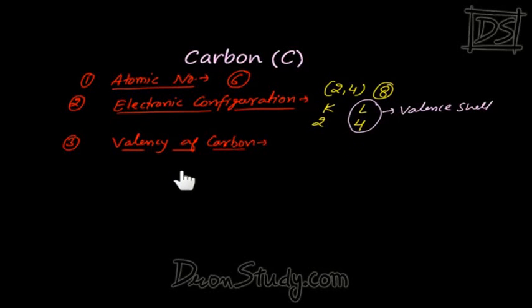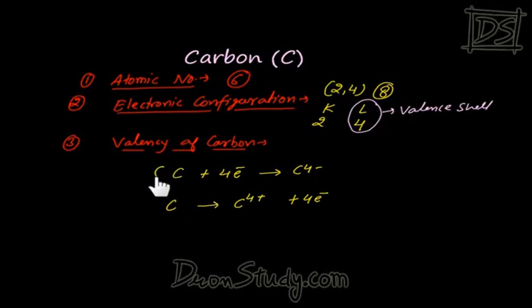To complete its octet, carbon would either accept 4 electrons, and what would it make? C4 minus, isn't it? If you give 4 electrons to carbon, it would have a -4 charge, or it would lose 4 electrons. And for the loss of each electron, 1 plus charge comes. So for losing 4 electrons, what charge would come to carbon? 4 plus charge. So for its valency, carbon can either accept 4 electrons or lose 4 electrons.